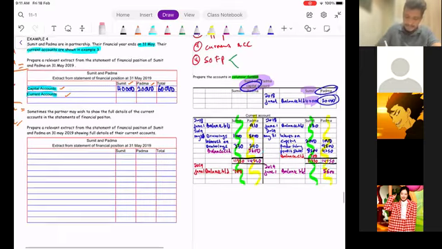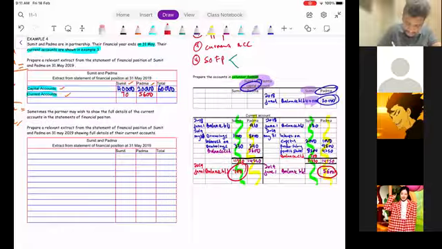So 5,600 is Padma, and Sumit is 700. Do you understand this? Is this correct?